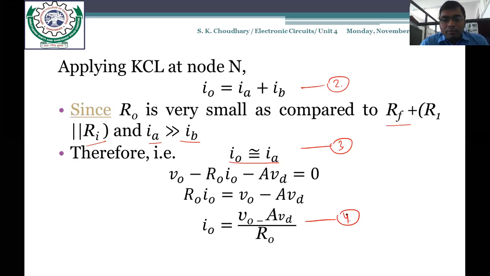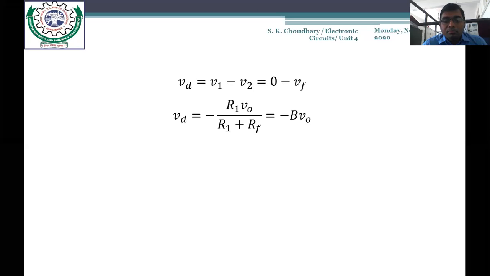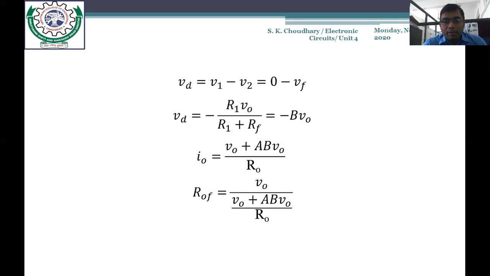Once I naught is calculated, you substitute it in equation number 1, that R naught F is equal to V naught upon I naught, and you get the value of the output resistance with feedback. First of all, we write the equation of VD, that is V1 minus V2. As per our circuit connection, V1 is connected to ground, so it is 0, and V2 is nothing but the feedback voltage.